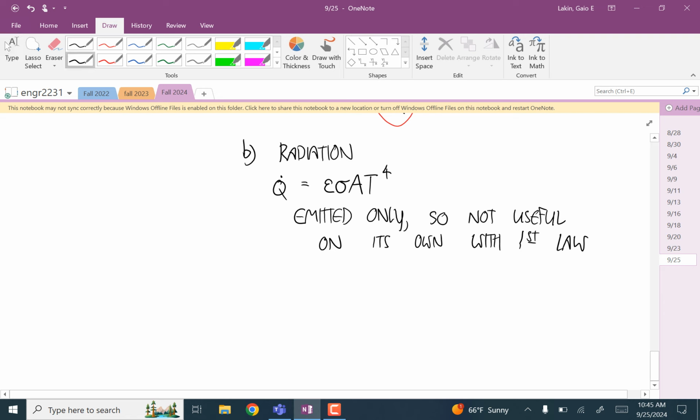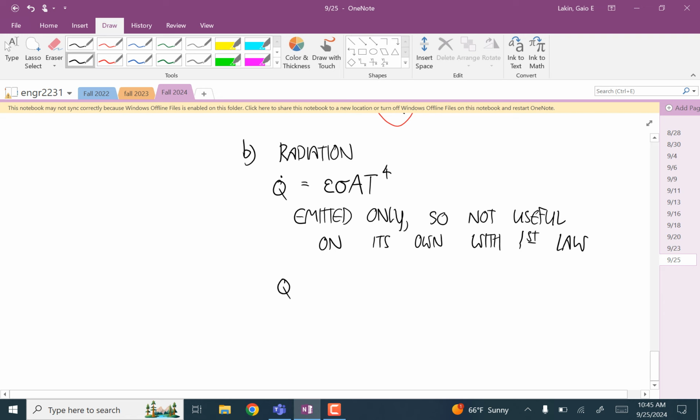But the second form is useful. This one is a law of physics. So that's the cool thing about it. It's always true. The problem is you need more information for it to be useful. This other one is always useful, but it's not a law of physics.